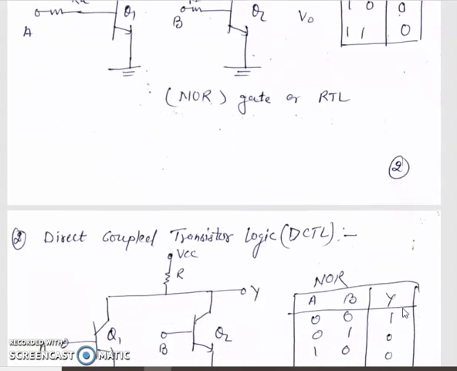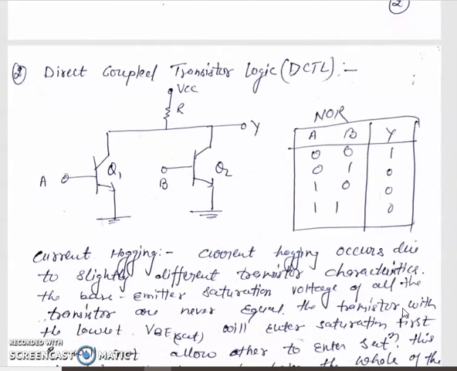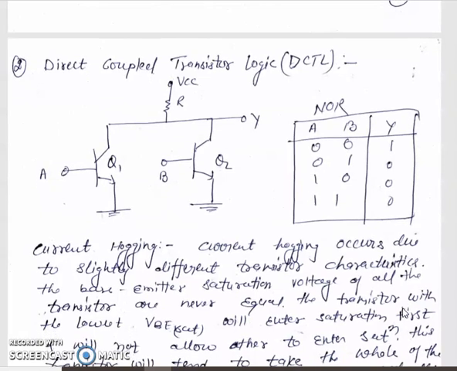Next one, if we remove the resistor from the RTL, that is the resistor transistor logic, then it is direct coupled transistor logic. See here, the resistors RA and RB are absent. The input is directly connected to transistor Q1 and here Q2.